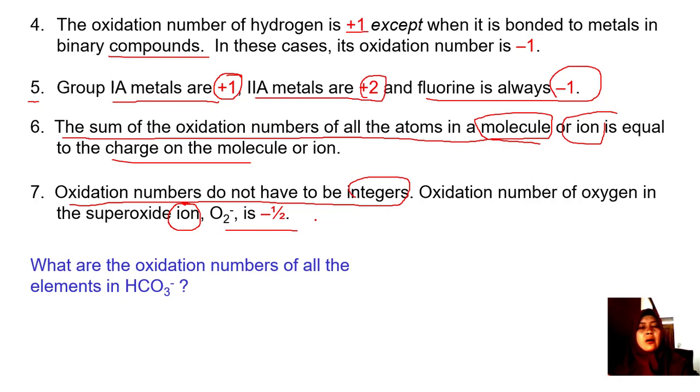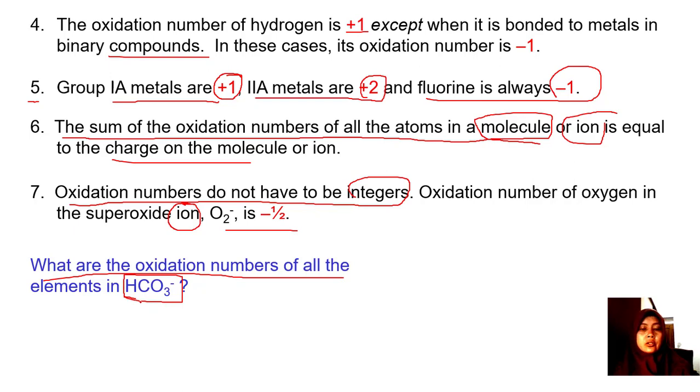Now, from these rules of oxidation number, let's start to identify the oxidation number of each element in a molecule. For example, I have a question here: what are the oxidation numbers of all the elements in HCO3-? If you see this one, what do you think?